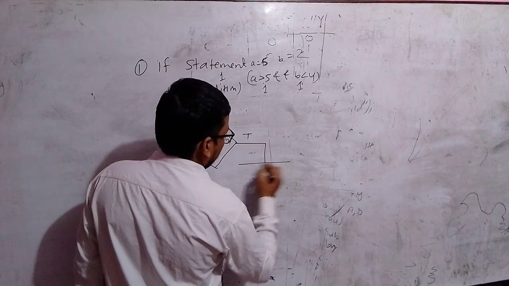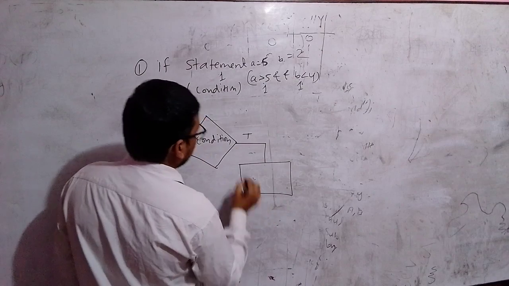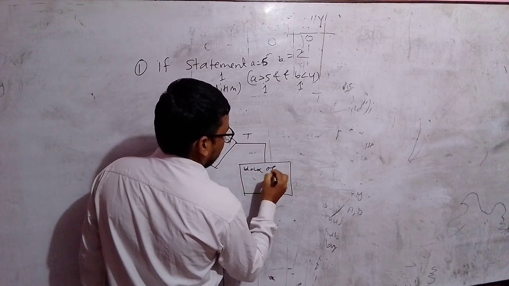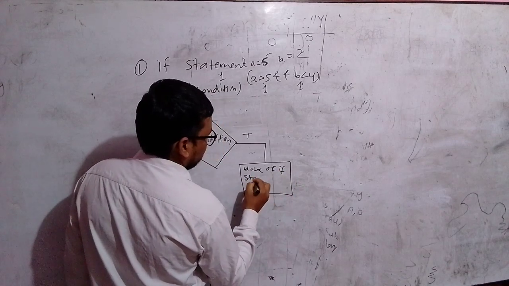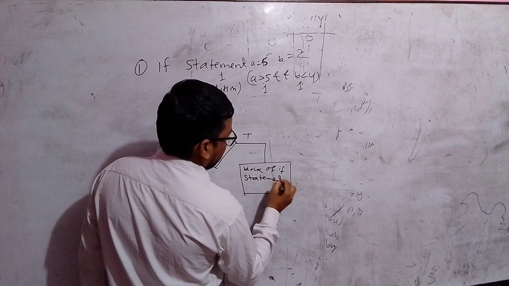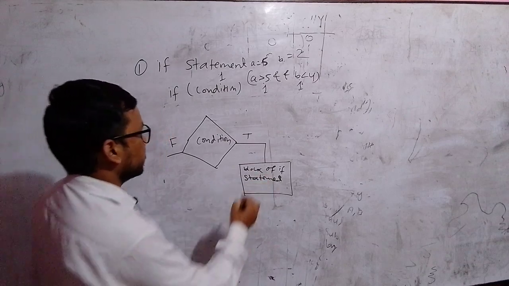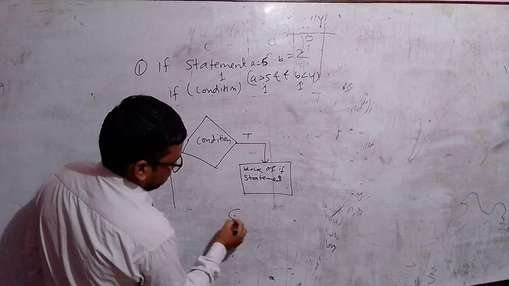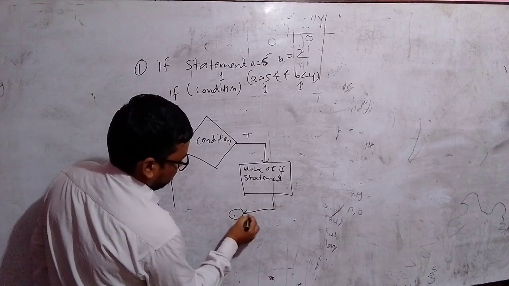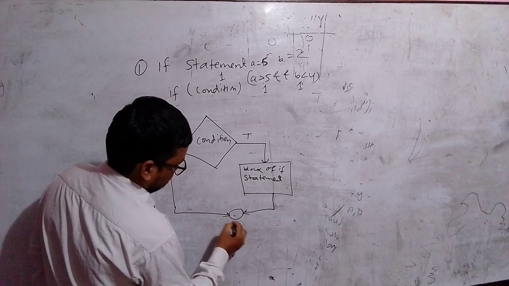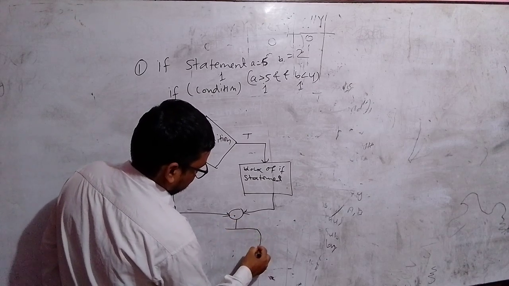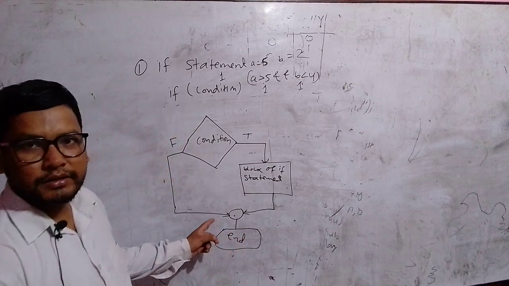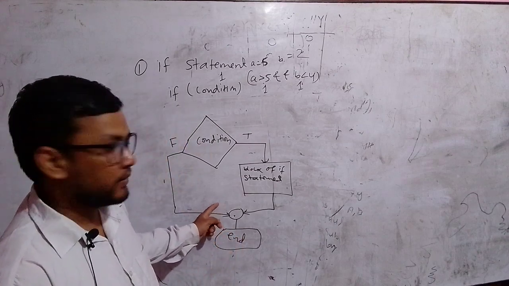If T, block of if statement will be executed, and let it be connected by a connector. And now this is the flowchart of the if statement.